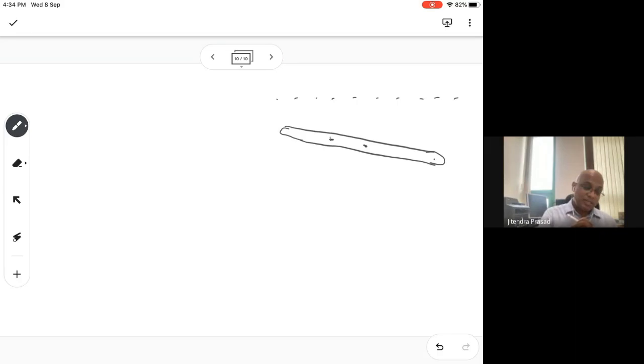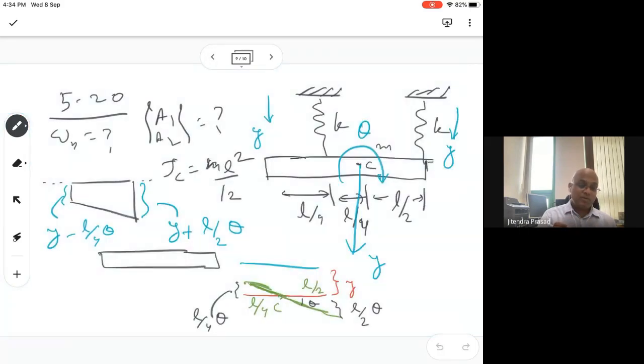There will be a force here upward, and a force here upward. Those forces will be K, and let me see whether both the springs are the same. Yeah, both springs are the same.